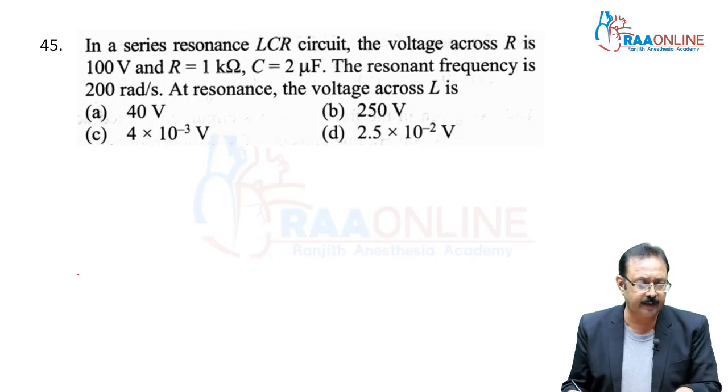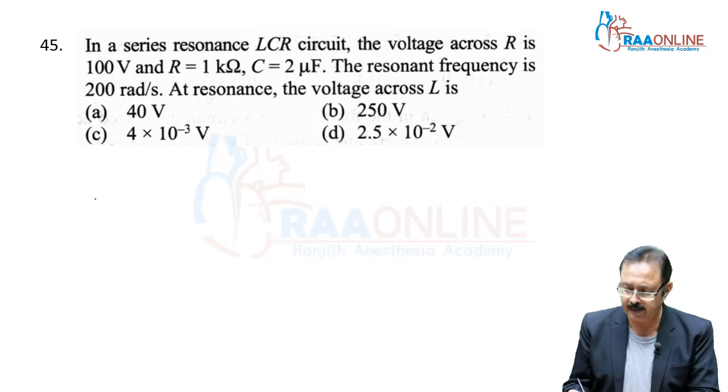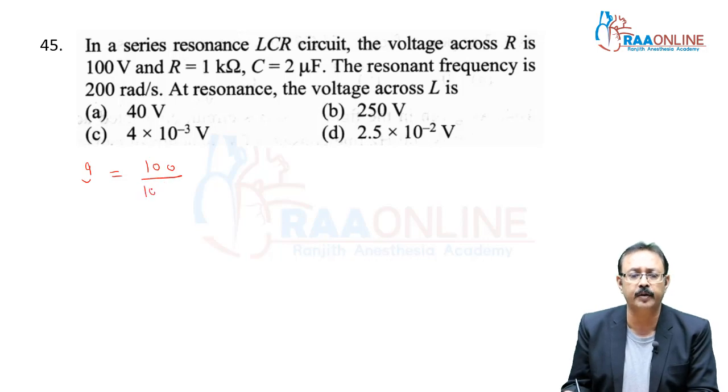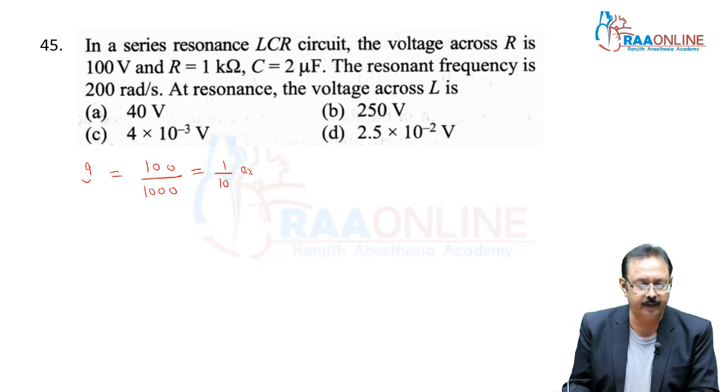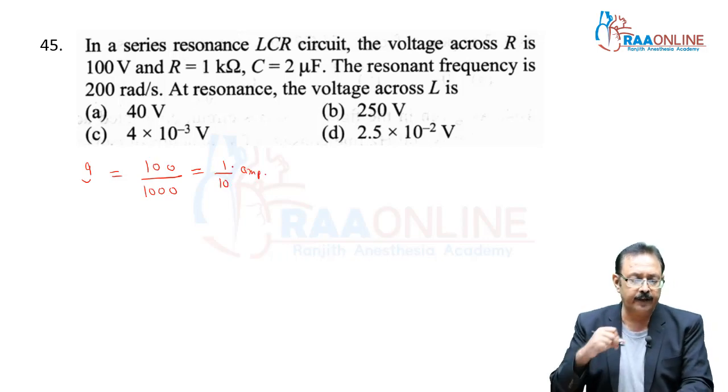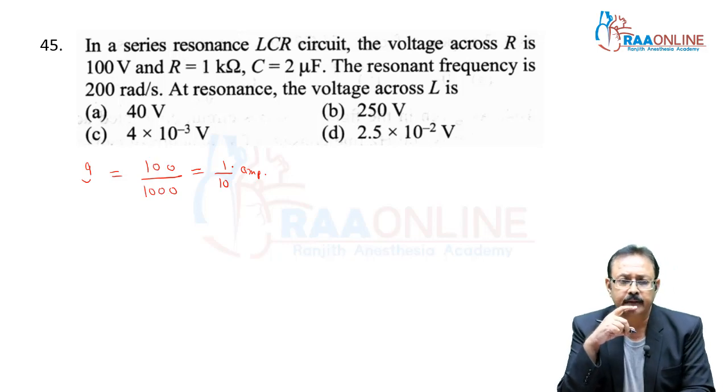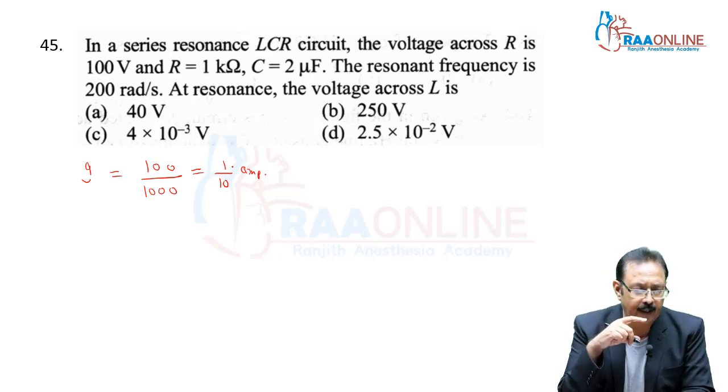So from that, we are able to calculate the current. Current in the resistance is 100 upon 1000 ohm, so the current is 1 upon 10 ampere.